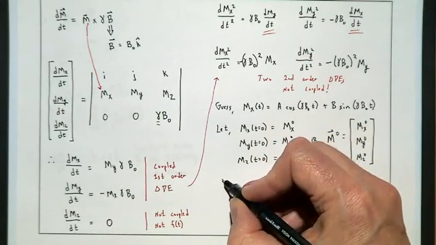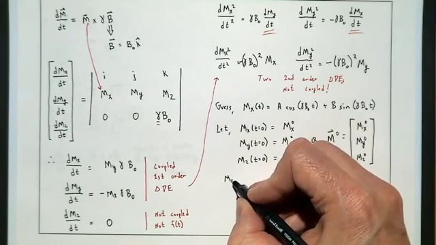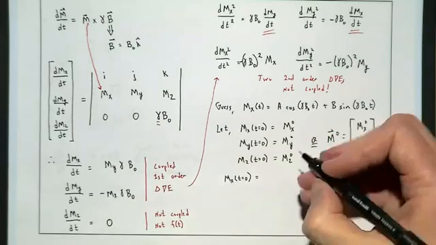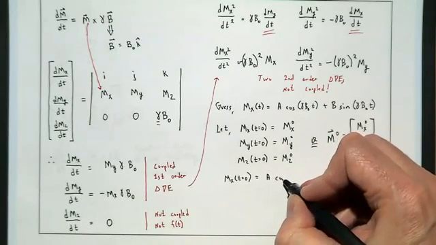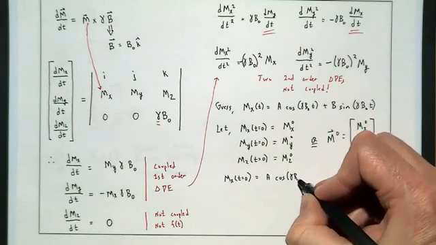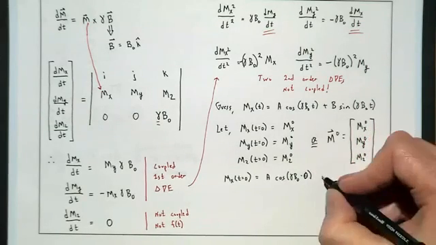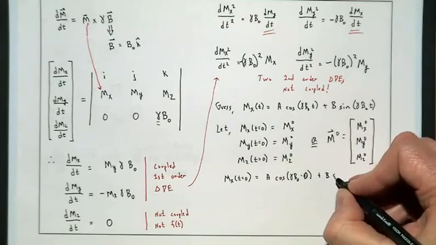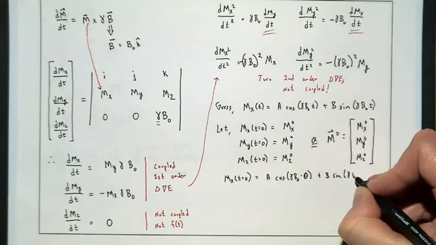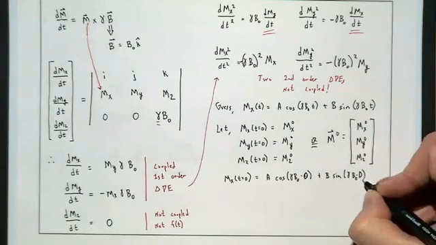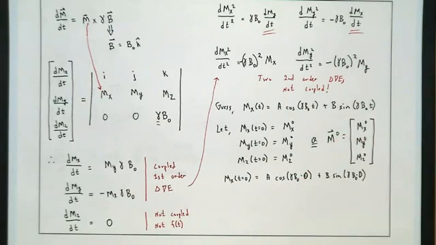So let's go ahead and say mx at time t equals 0. If we use that expression, we have A cosine(gamma B0 times time), which is 0, plus B sine(gamma B0 times 0), that's the amount of time we're talking about at t equals 0.